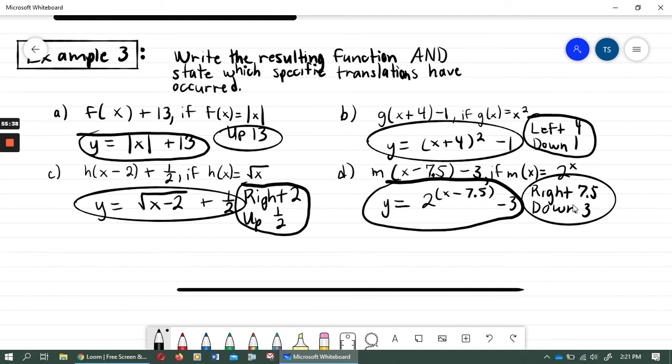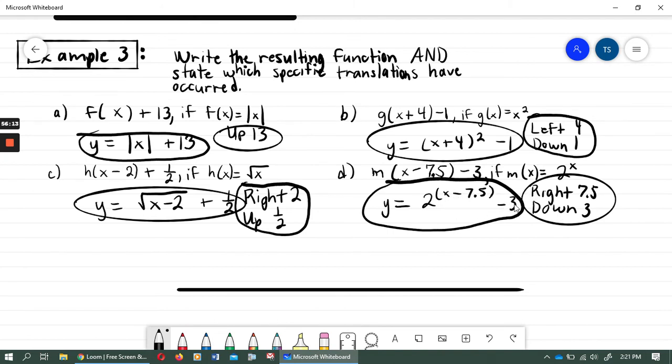So again, guys, the way that function would look as a result, the exponential function with the base of 2, we've already talked about what the parent function is, but the way the result would look if we did those two translations, right 7.5 and down 3, is y equals 2 as the base raised to the power of x minus 7.5, and that's on the inside as a part of the exponent, okay?